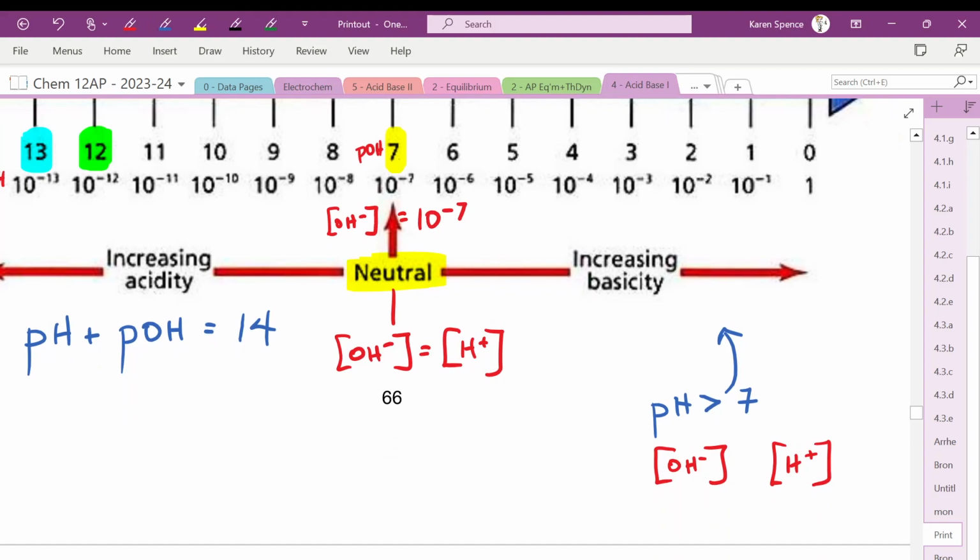If pH is greater than 7, hydroxide ion concentration is bigger. And that makes sense, right? Because those are basic solutions. So pH greater than 7 is basic. Hydroxide is bigger than hydrogen.